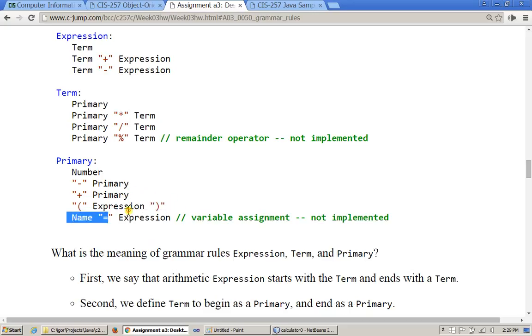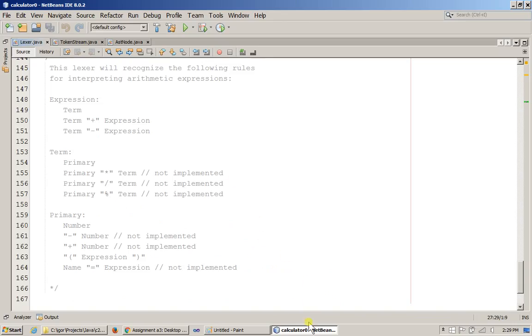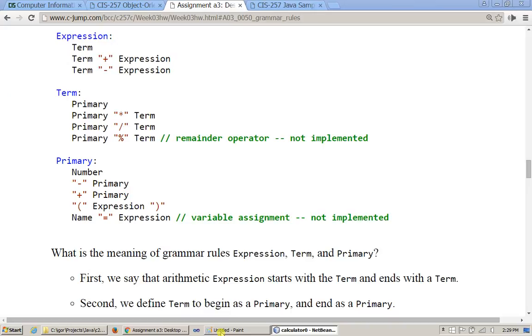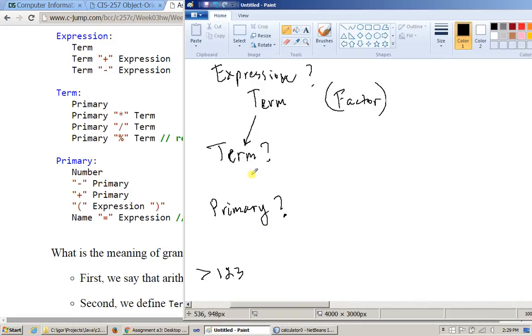And later on, we can also discuss assignment statements like this. But for now, if I'm using this approach by asking whether the term is a primary, then the first thing that comes to mind is number. I can check the current token for the number, and guess what? The number will say yes, 123 is a number.